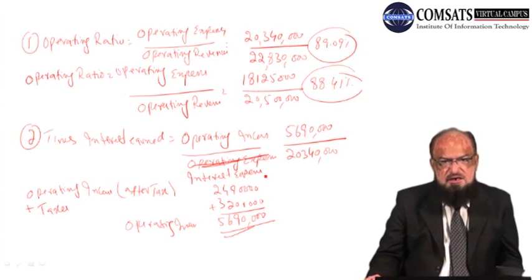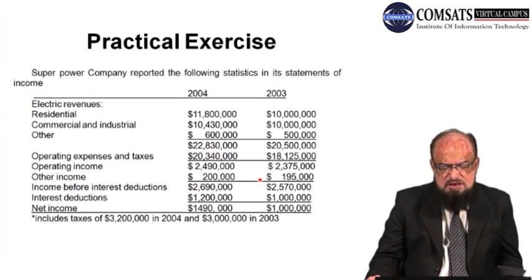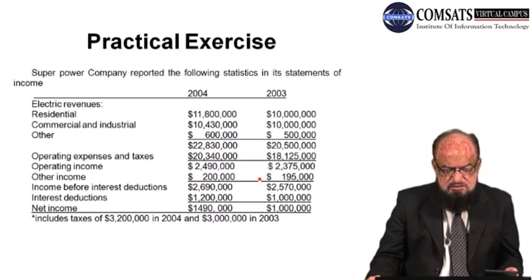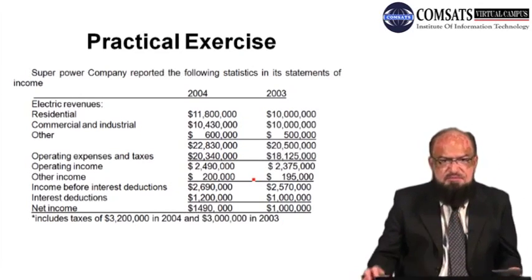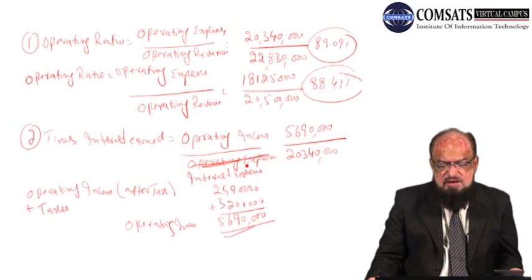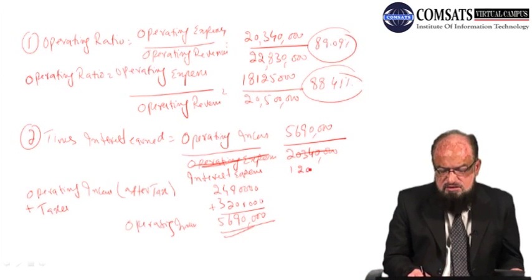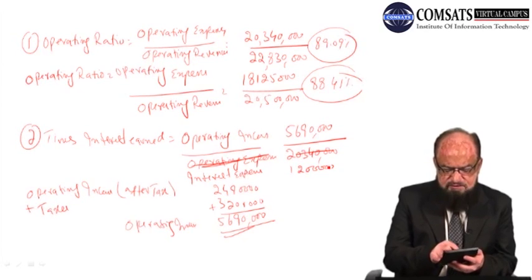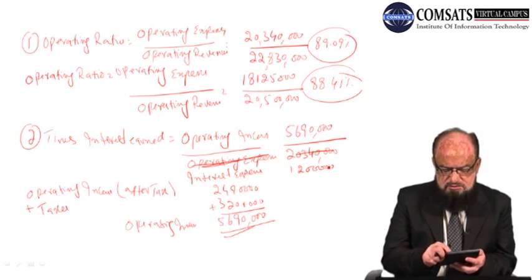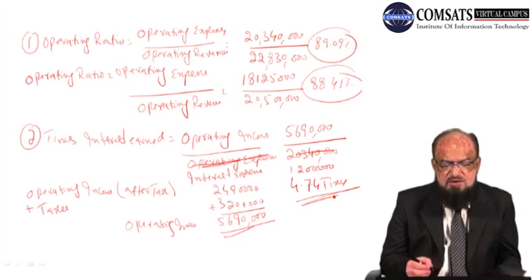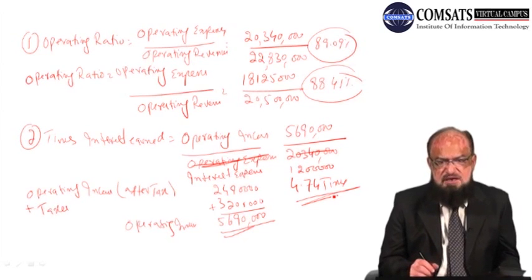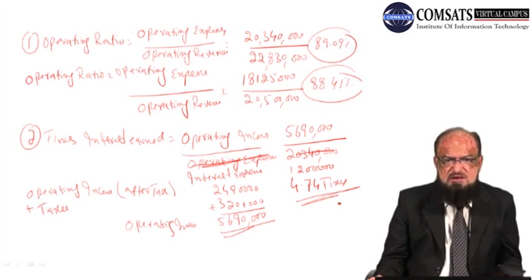Interest expense is given in the question, you can see, that is 12 lakh. We will divide by 12 lakh instead of 203. Calculate again: 5,690,000 divided by 1,250,000. That is 4.74 times. So per year, our interest coverage is 4.74 times.